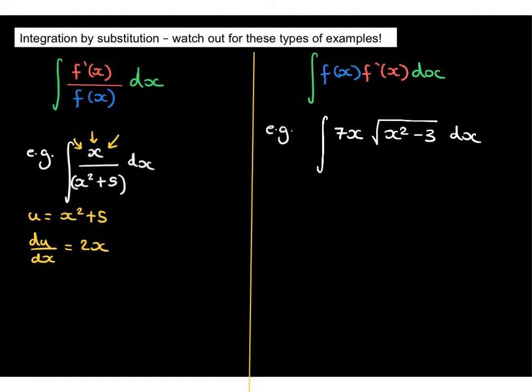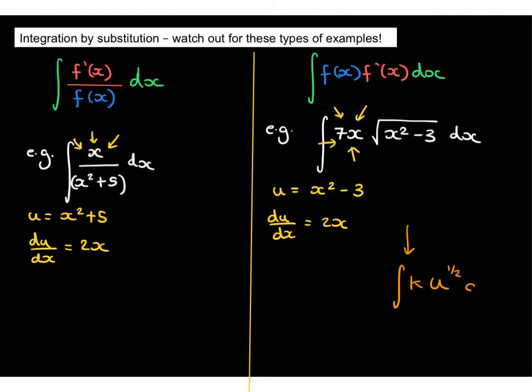Now, if we allow u to equal x squared minus 3, then du by dx is equal to 2x, and we can see that this is a multiple of this part of the integral, which means when we substitute, there will be a cancellation of the x part, and we'll be left with an integral which takes the form of the integral of k, some constant, multiplied by u to the power of a half du.